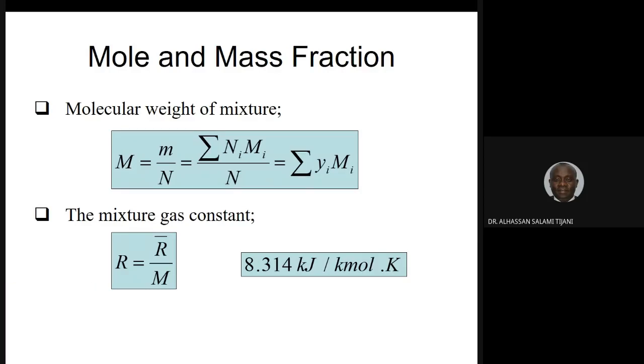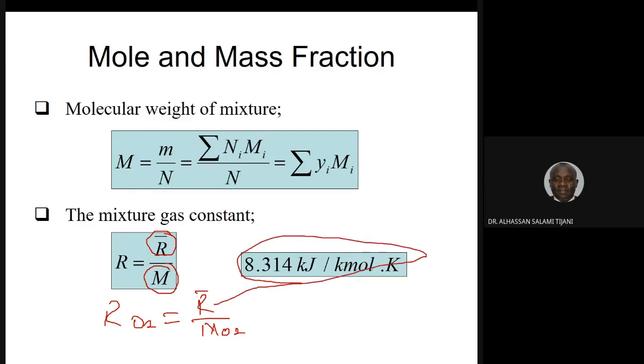Now, this universal gas constant is given by this, and this is the mass of the individual component or mixture. So the ideal gas constant for, let's say, oxygen can be defined as the universal gas constant divided by the mass of oxygen, where this R is the value.